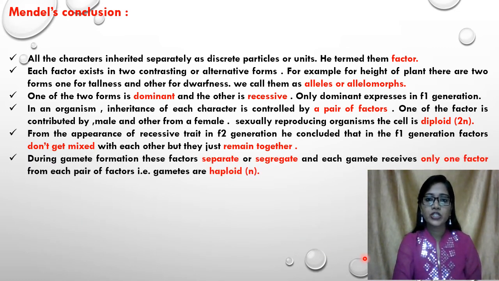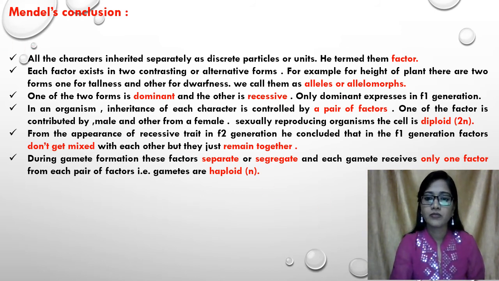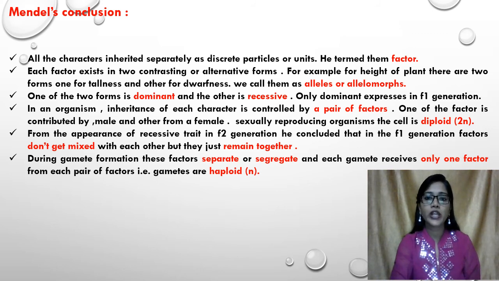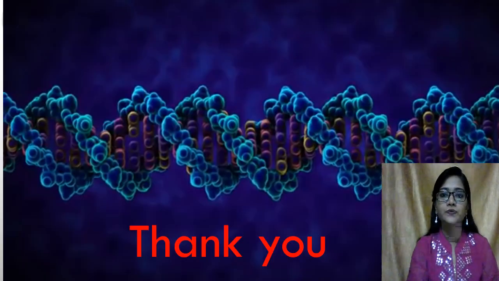During gamete formation, these factors separate or segregate, and each gamete receives only one factor from each pair of the factors. That is, gametes are haploid, okay. So from a diploid cell we get haploid gametes. So these are the Mendel's conclusions.